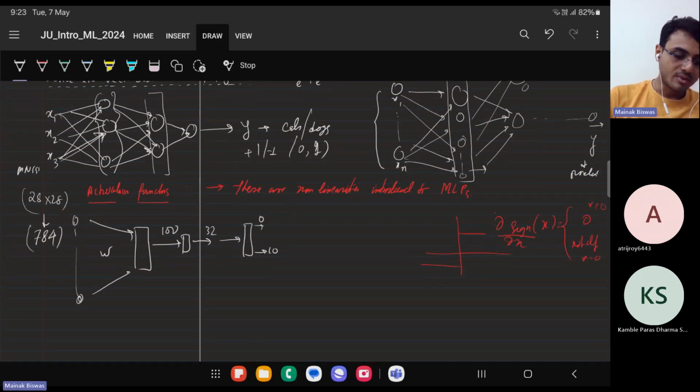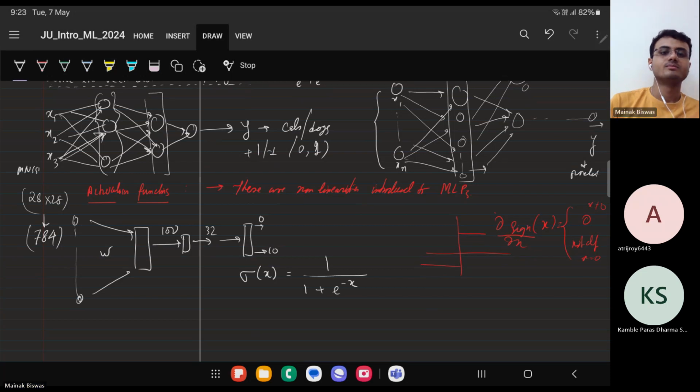Good. So some cases of non-linearity are this. We have already done this, right? It is used generally at the end. Can you tell me why? You have seen this is the sigmoid activation function.